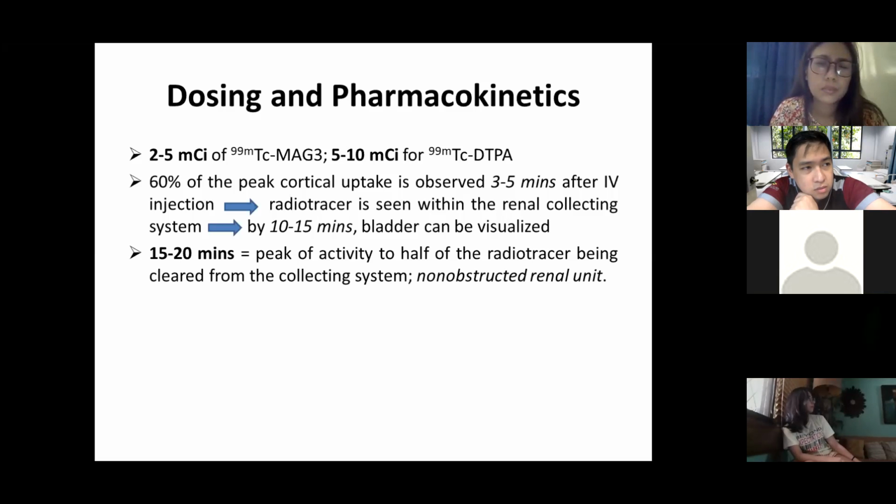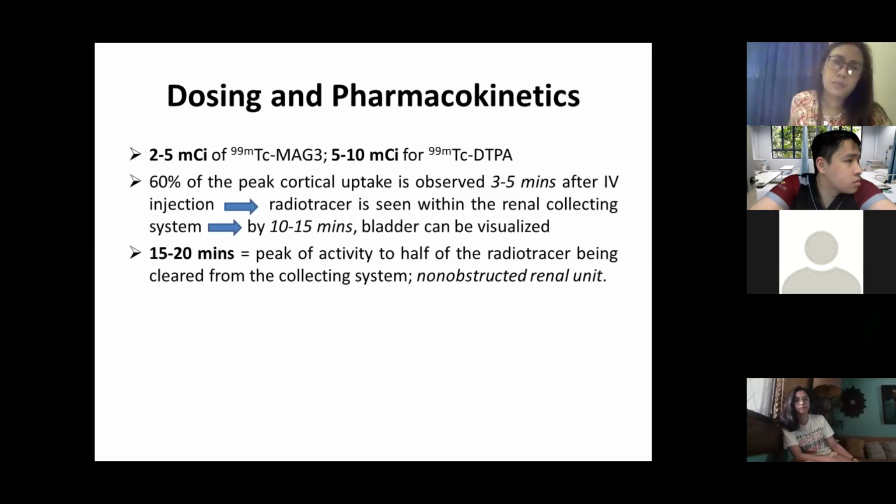By 10 to 15 minutes, the bladder can be visualized as radiotracer is excreted into the urine. At 15 to 20 minutes is the peak of activity to half of the radiotracer being cleared from the collecting system, also known as the half clearance time. And this is indicative of a non-obstructed renal unit.